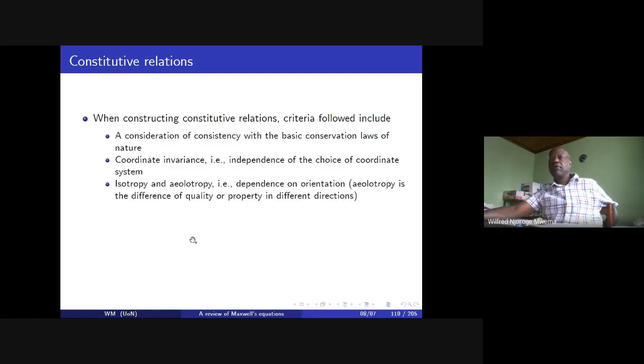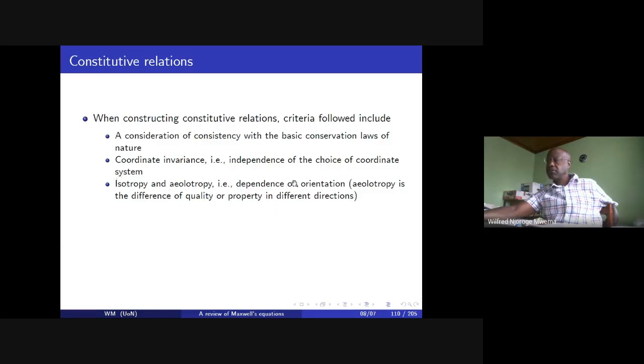Isotropy or anisotropy, that is the dependence on the orientation. If you get a different solution facing east than from the solution you obtain facing north, then that will be called anisotropy. That is, there is a difference in the quality in the different directions.